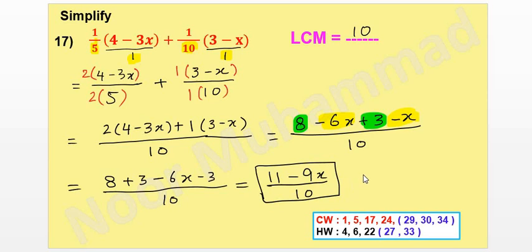Here is the answer for question number 17. Just one thing that I want to discuss, why I multiplied here by 1. Most of the students think that there's no need to multiply here by 1. In this question it's fine because it's an addition question, right?